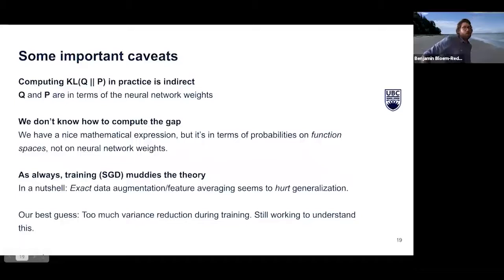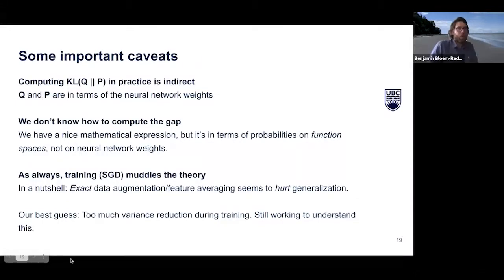In practice, there are some important caveats here. When we compute this KL term in practice, say with neural networks, it's usually indirect. We think about defining these distributions on function spaces, but in practice they're usually in terms of neural network weights, and that mapping is not well behaved and not something we can work with in closed form.